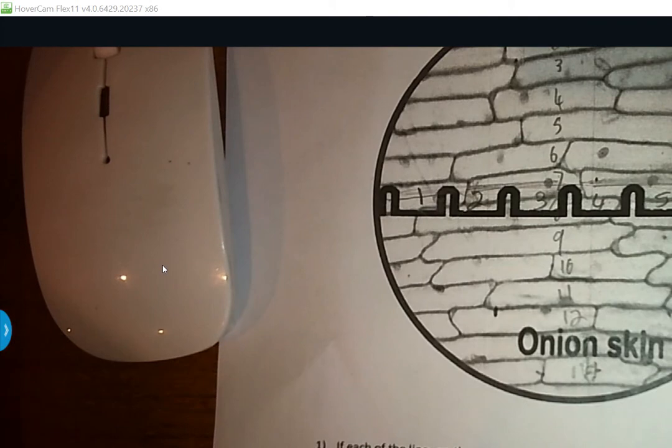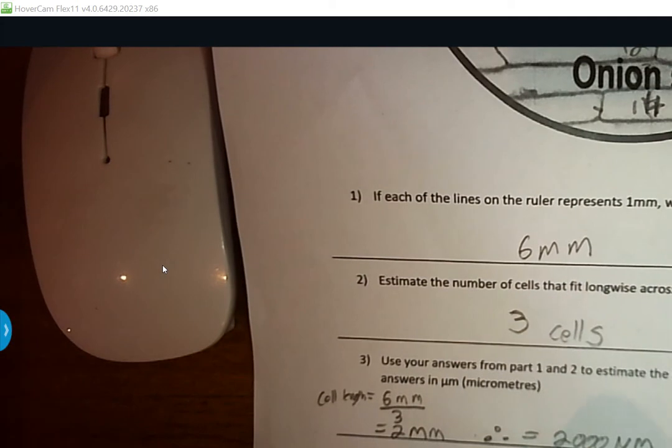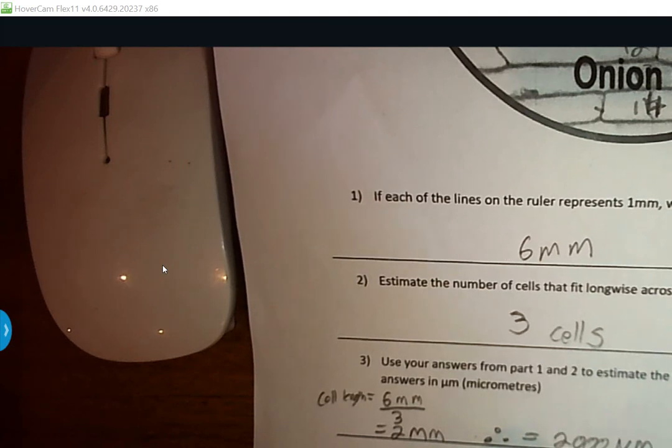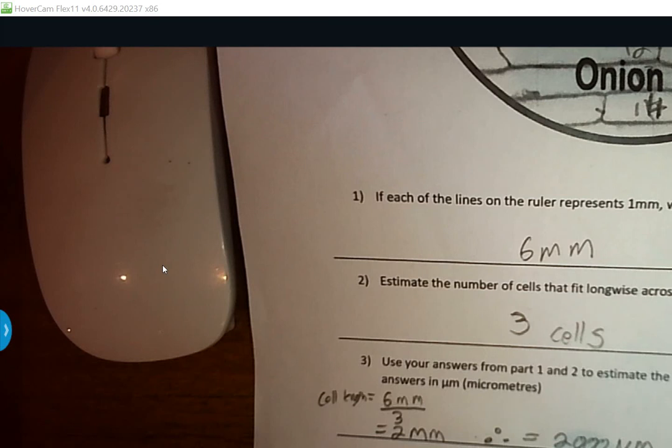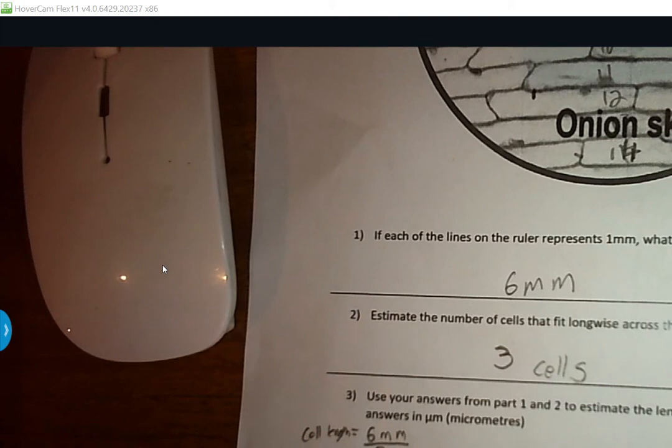So the number of cells is equal to 14. Now therefore the cell length is equal to the field diameter divided by the number of cells. Okay. Now, please don't do the maths yourself. Grab your calculator, because you're totally allowed a calculator in science. You do not have to do the maths yourself. So go 6 divided by 14, and you should get 0.428.